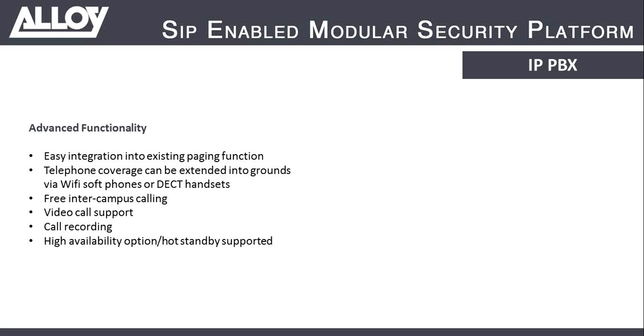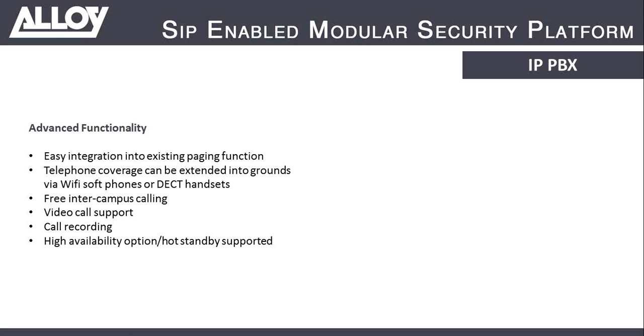So we're going to cover off how easy that is. I've already mentioned extending telephone coverage into the grounds, either with soft phones via Wi-Fi or with DECT handsets via DECT base stations, which have about a 300-meter range in the open environment.